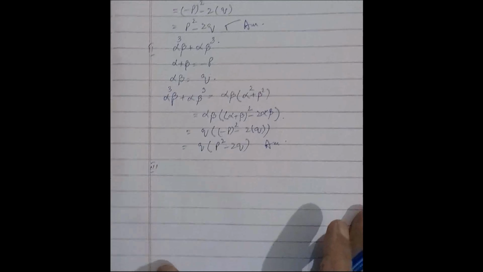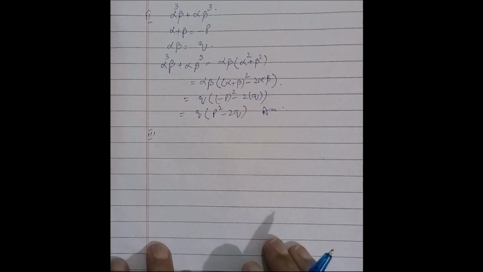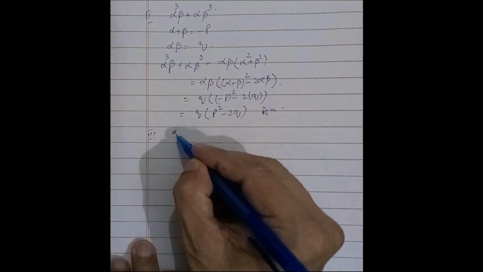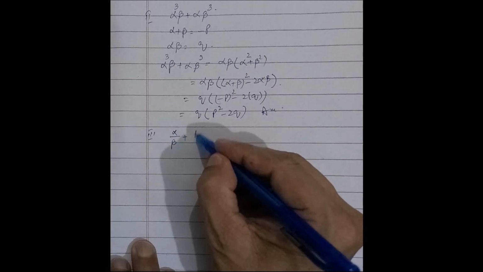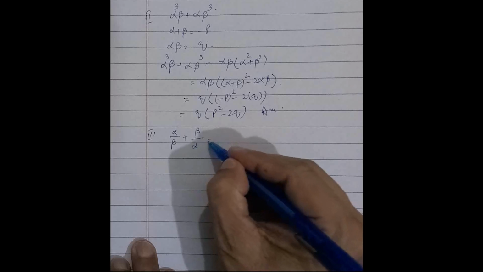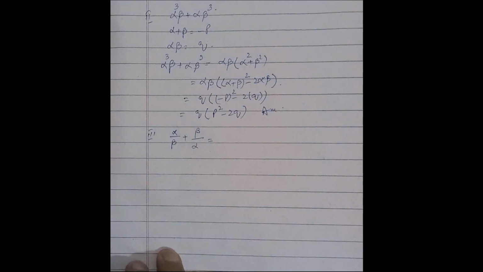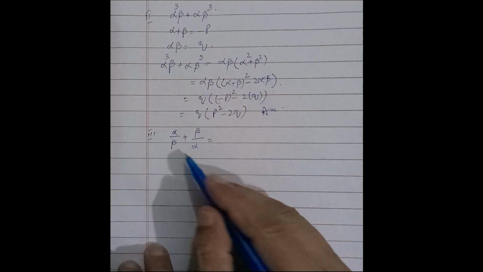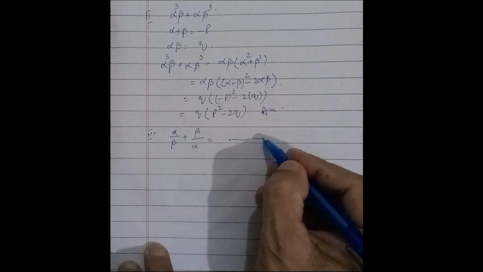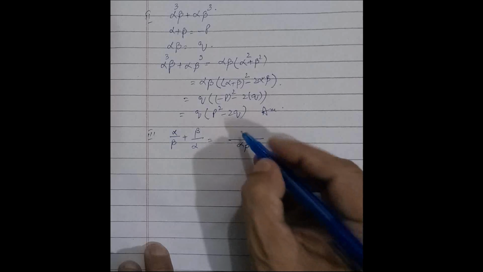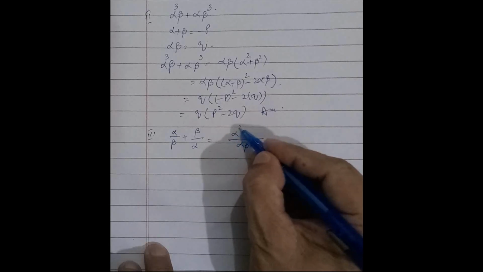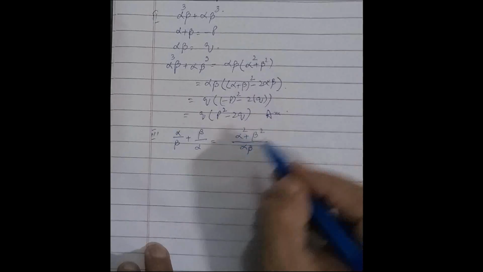And the part third is alpha over beta plus beta over alpha. So we convert these values into requirement. Here take LCM alpha beta. The remaining values are alpha square plus beta square.